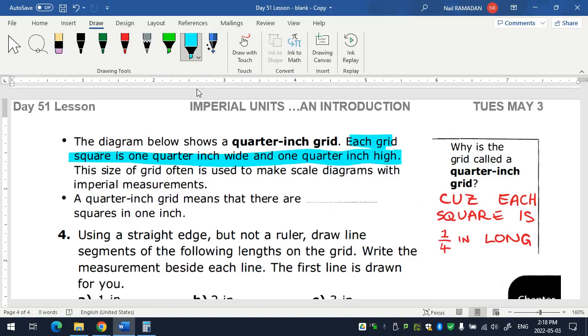Of course, it's a square. It has to be the same dimensions, both height and width. The size of grid often is used to make scale diagrams with imperial measurements. So a 1/4 inch grid means that there are 4 squares to line up to get one inch. 4. Go ahead. 4.